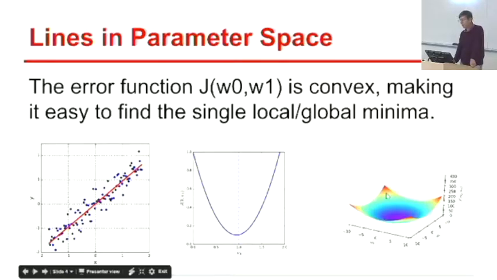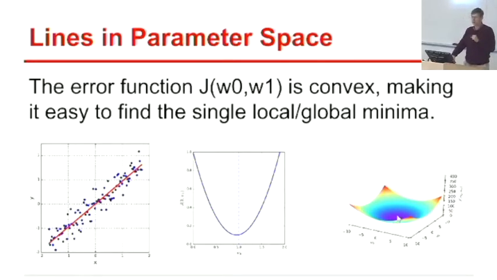We can start at an arbitrary point, and so long as we keep walking in a downward direction, we will get closer and closer to the right point in parameter space that minimizes error. And the regression line that we want is governed by the point in parameter space that minimizes error. Any questions about that? Yeah?